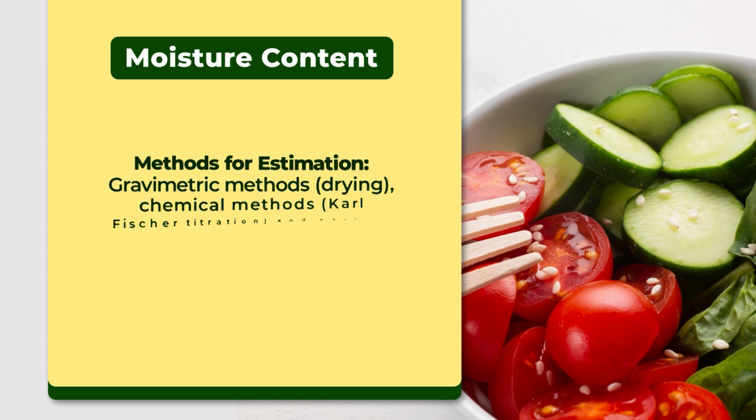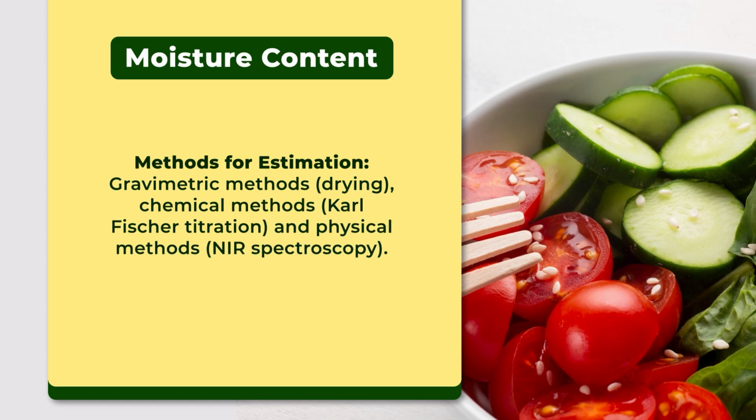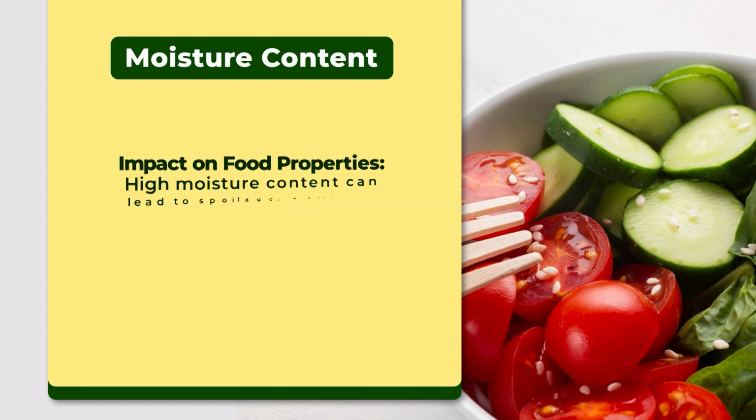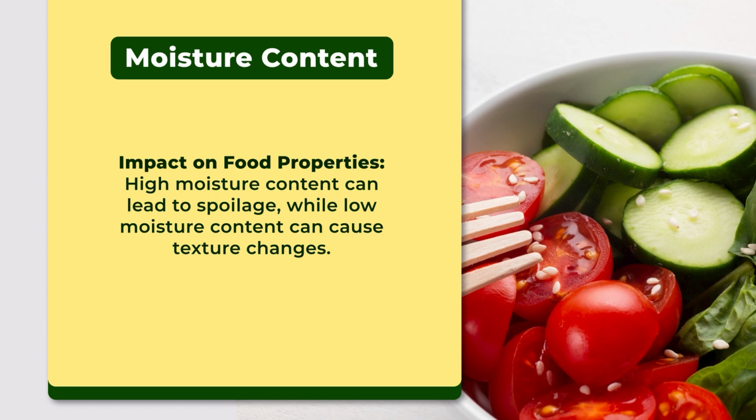The methods we have explained already, that is, we can estimate by the gravimetric or drying method, then the Karl Fischer method. Now they are important so that we can control the moisture content during processing and storage. The lower the moisture, the better. But high moisture can lead to spoilage, while low moisture can also cause textural changes.